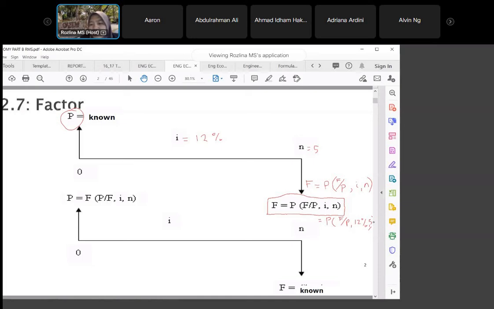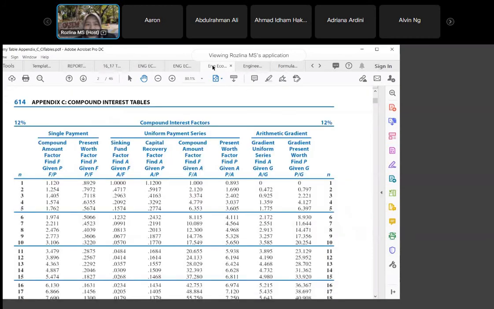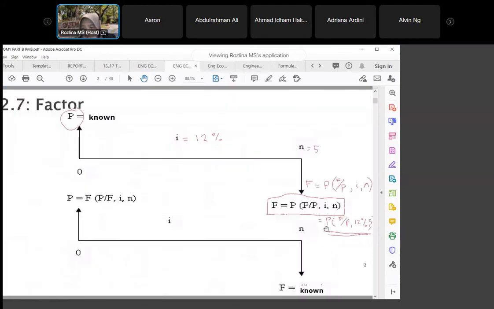This is what you will try to find in this table. You will be given this table. So look at this one: F over P, 12%, 5. If I ask you, what is the answer F?